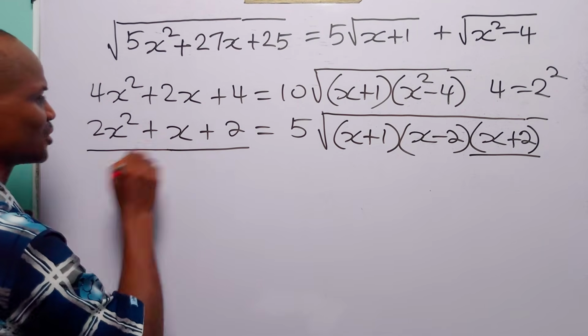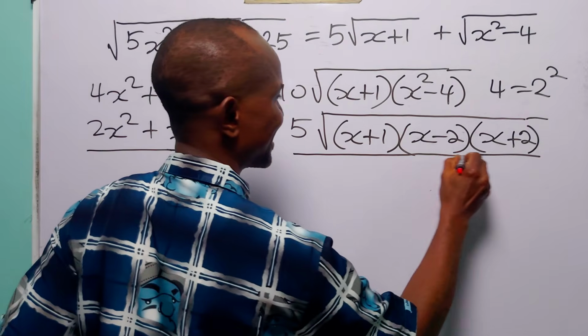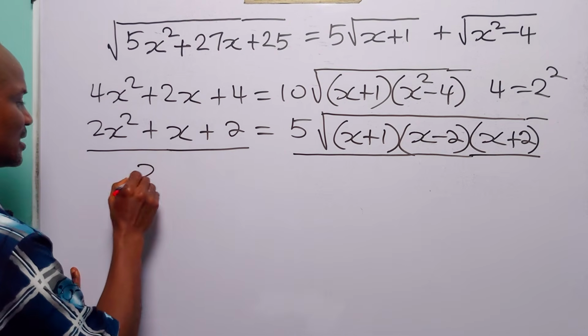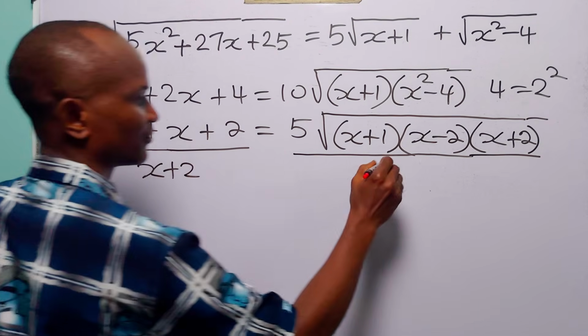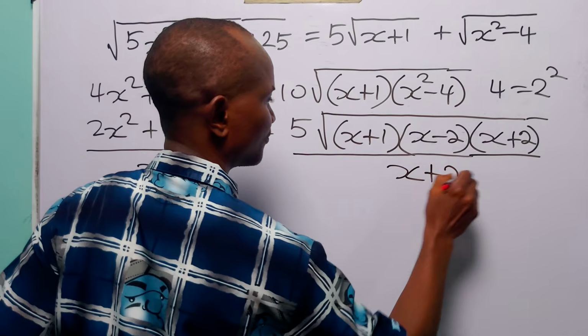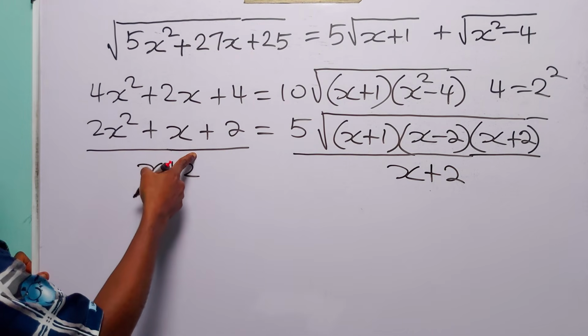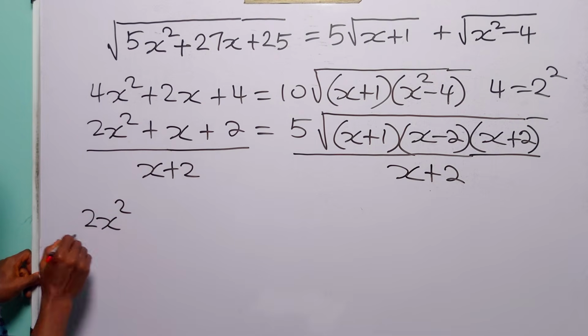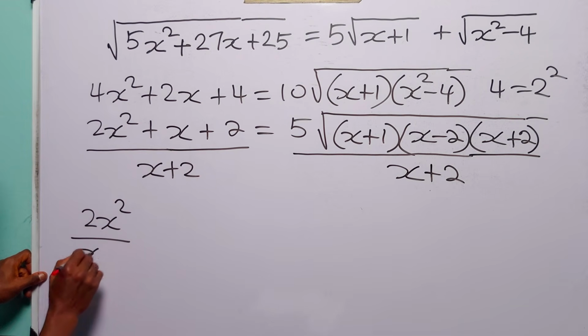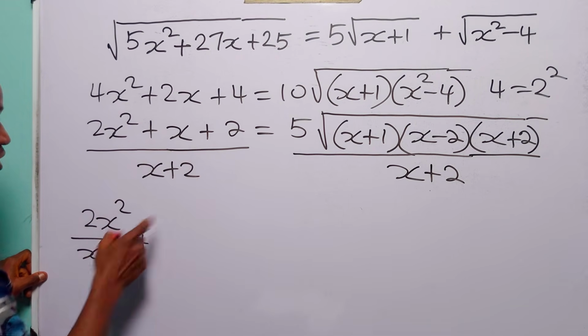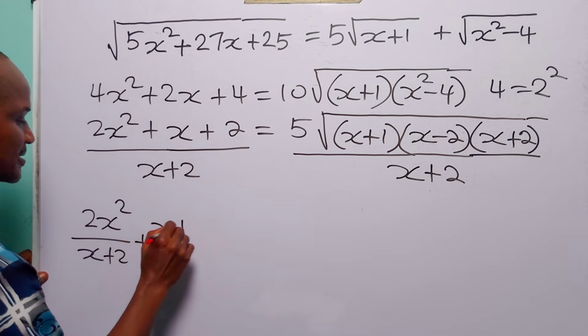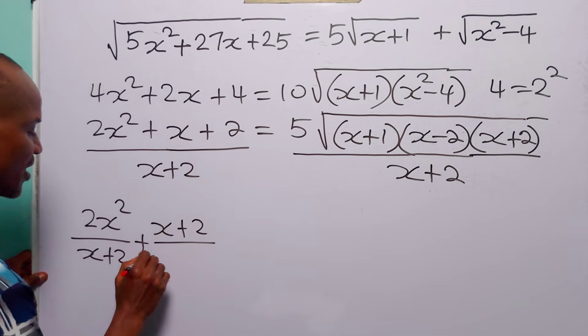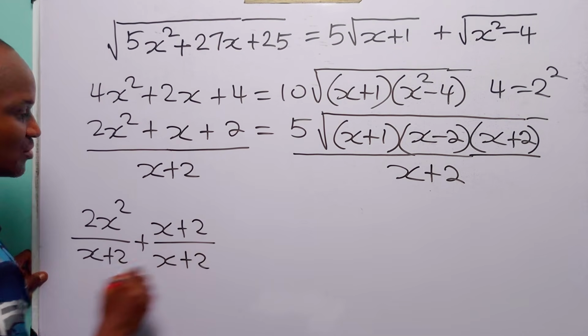So dividing both sides of this equation by x plus 2, this is what we have. Now, of course, here we can write this as 2x squared over x plus 2 plus x plus 2 over x plus 2.